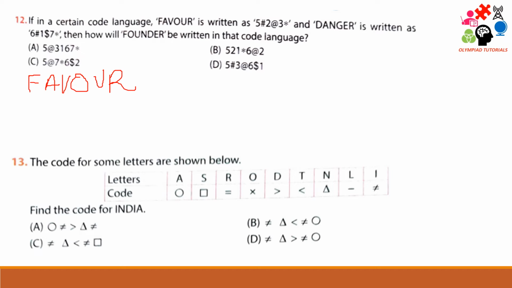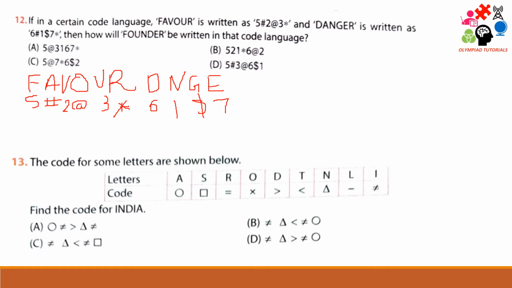Here you have 5#2@3 and star. And here danger, D, A is already given, N, G, E, R is also given already. So D is what? 6, N is 1, then G is dollar, E is 7.